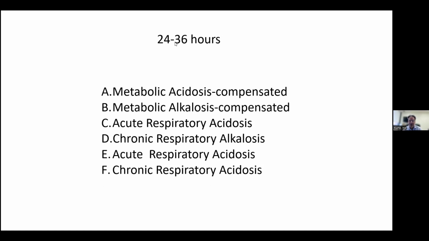Okay, what acid-base disorder takes a day to a day and a half till the numbers finally stop changing? Okay, again, there's no rhyme or reason for this. It's just something you have to memorize. This is how long it takes in metabolic alkalosis for the PCO2 to stop increasing.